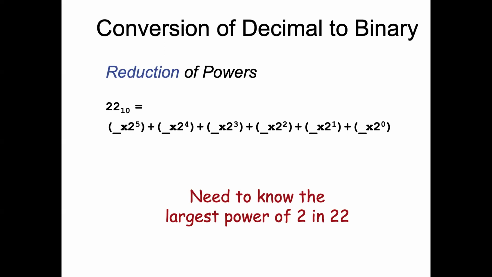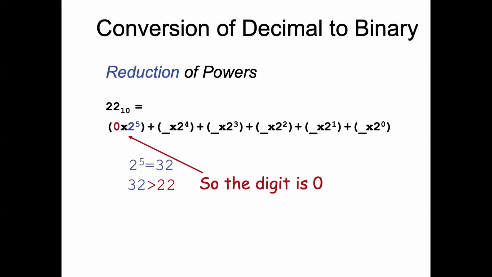For the highest order one, if I put down a 1 there, that'd be worth 1 times 2 to the 5th, or 1 times 32, or just plain old 32. Well, that's already bigger than the 22 I wrote down, so there must not be a 1 there. There must be a 0 there.